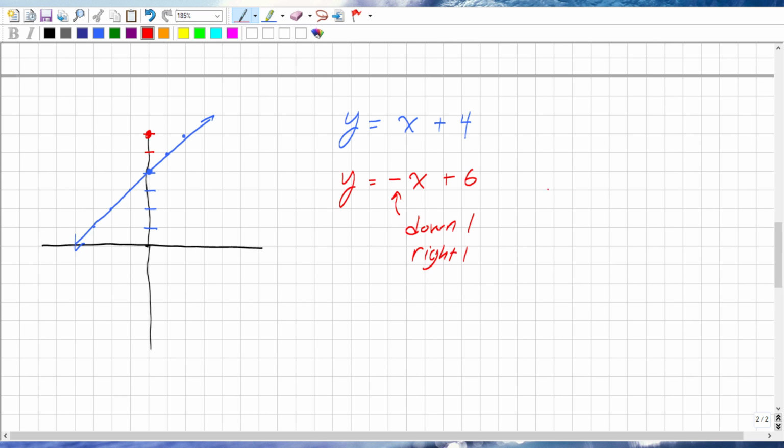Right? Negative slope goes down, positive slope goes up. So from here, I would start at 6, and my slope is negative 1, so I go down 1 to the right 1, make a dot. Down 1 to the right 1, make a dot. And so forth. And that creates this line.